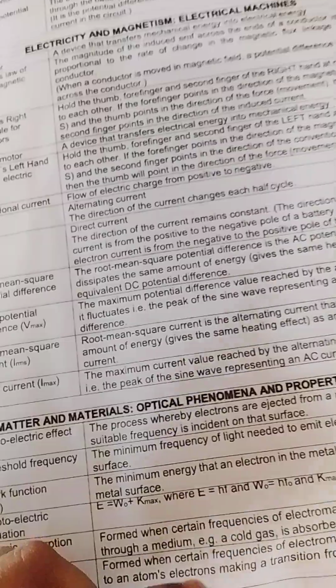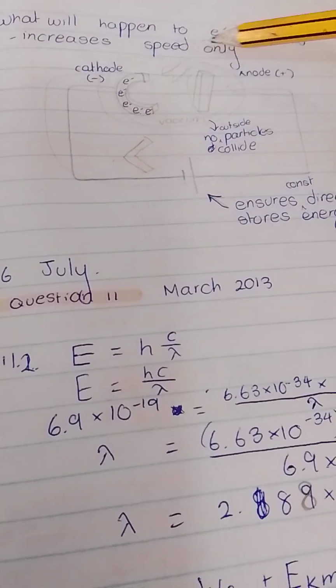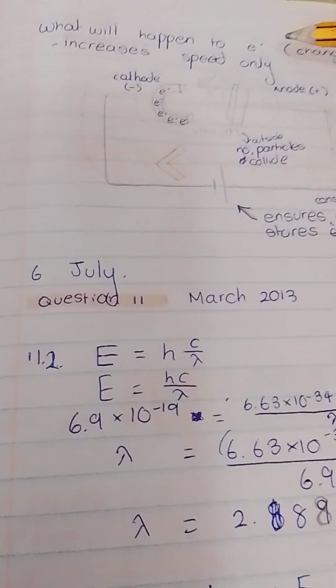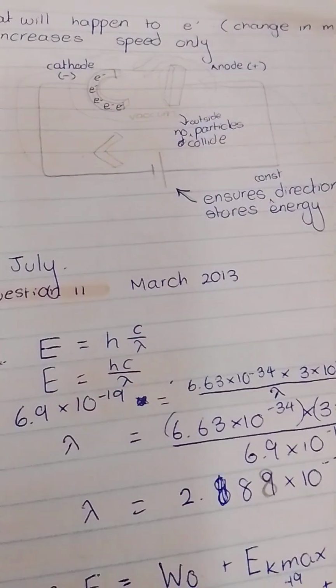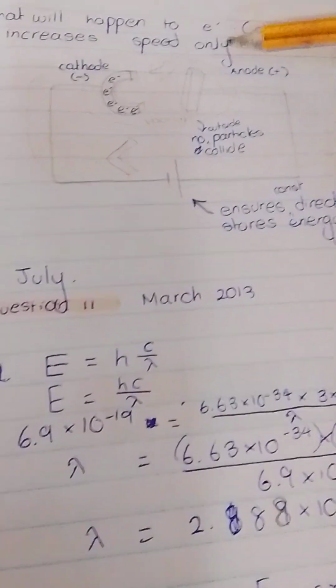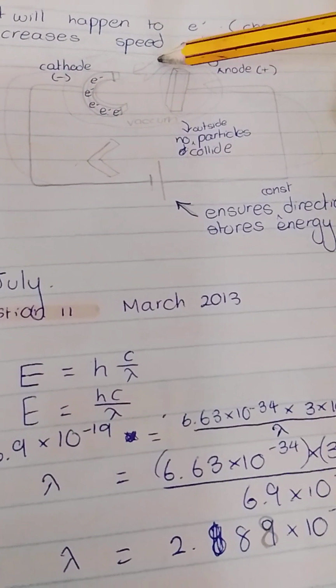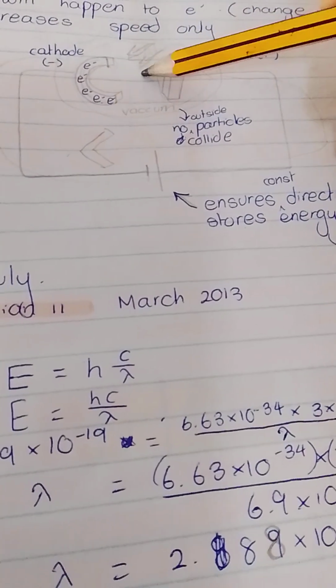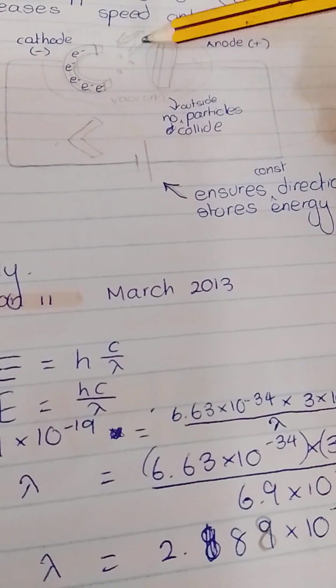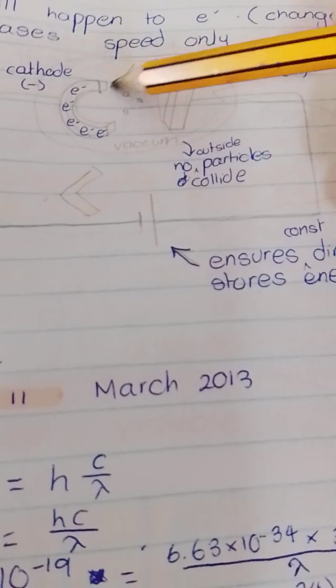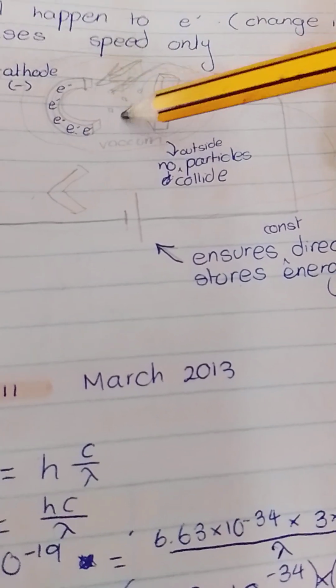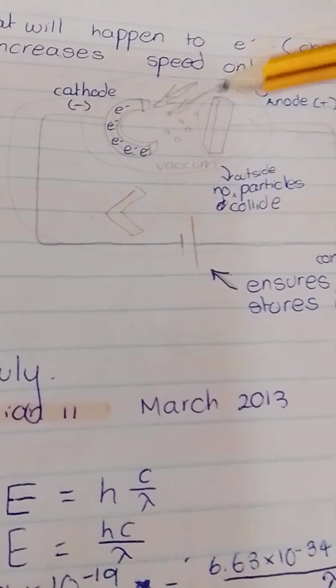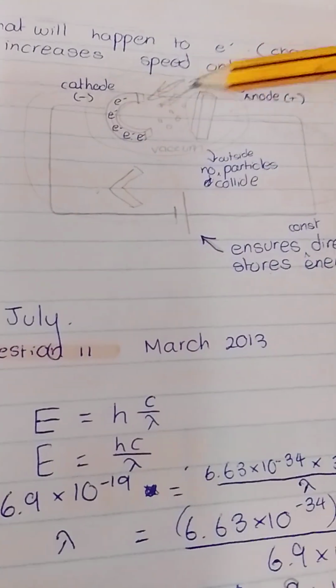It must be in a vacuum. The reason they might ask you a question is, why is it that the anode and the cathode must be in a vacuum? This is to ensure that, a vacuum being where there are no other air particles, the photons and electrons don't collide with dust particles or air particles, and the photons can just go straight to the cathode without being disturbed by these particles.